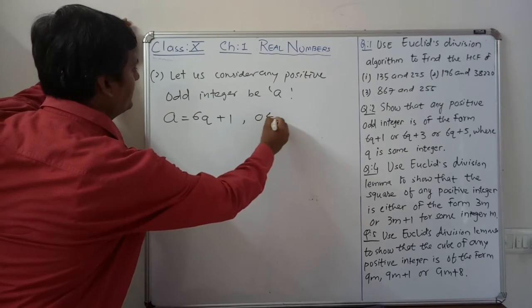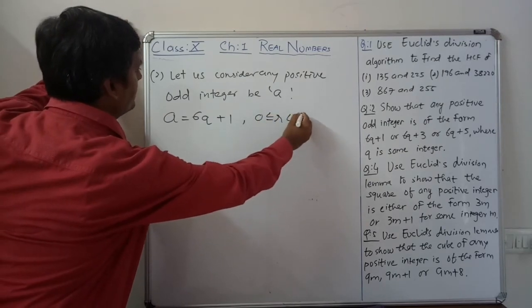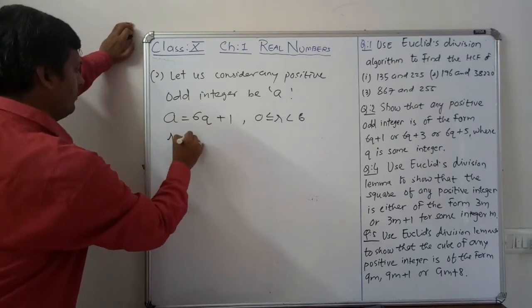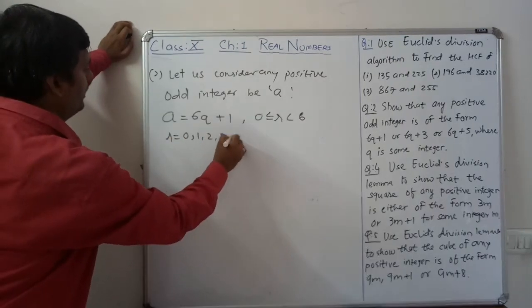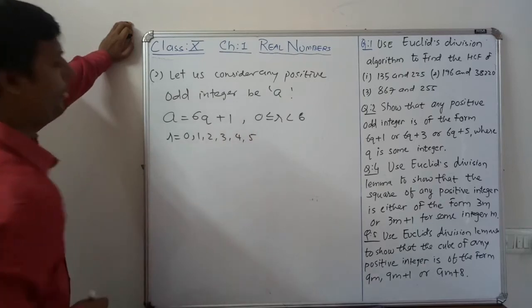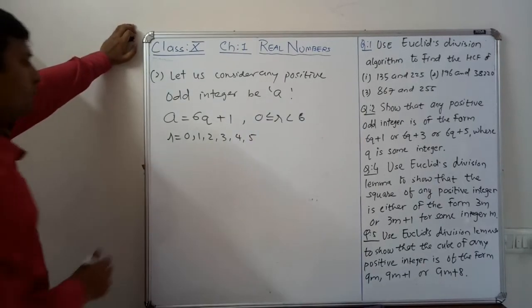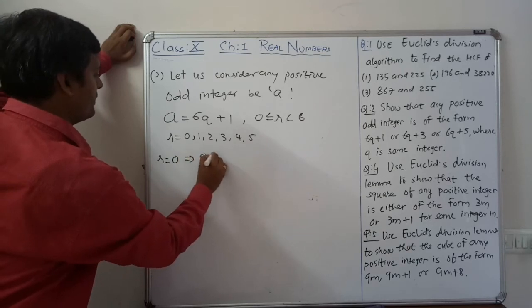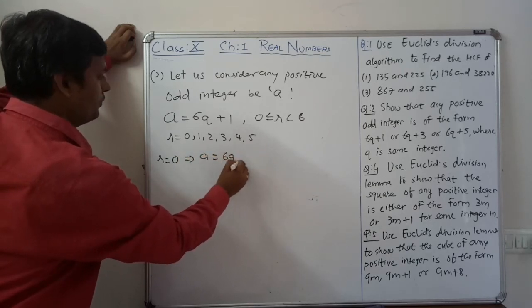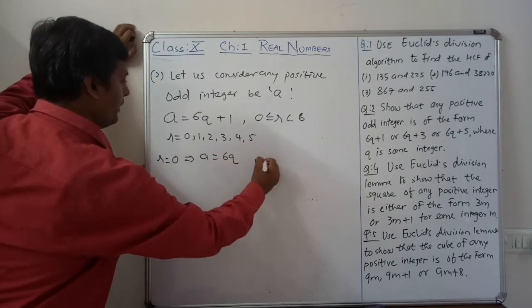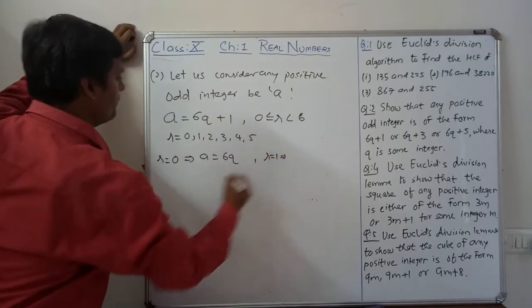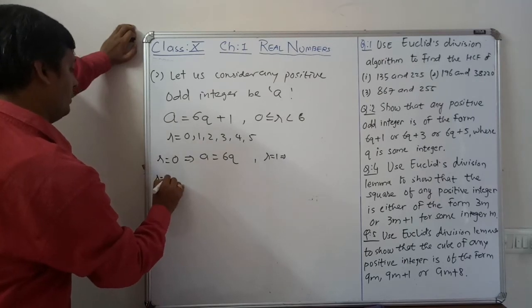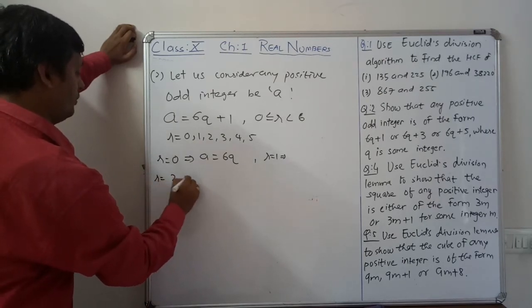So simple, 0 less than r less than 6, right? So now put r equal to 0, 1, 2, 3, 4 and 5. Clear? So put r equal to 0, so a is equal to 6q. Put r equal to 1. So r is equal to 2.